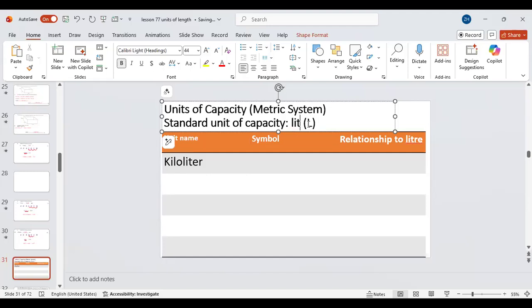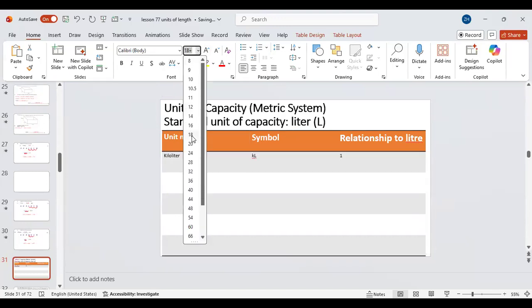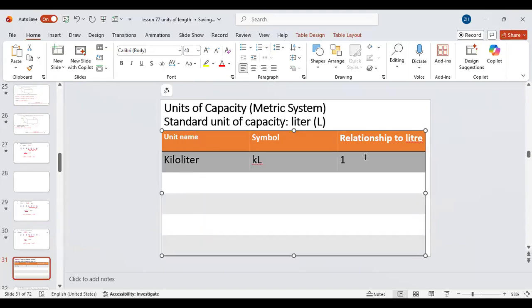The symbol is KL, common K, capital L. The relationship is 1 kiloliter, KL, is equal to 1,000 liters. That's the relationship.